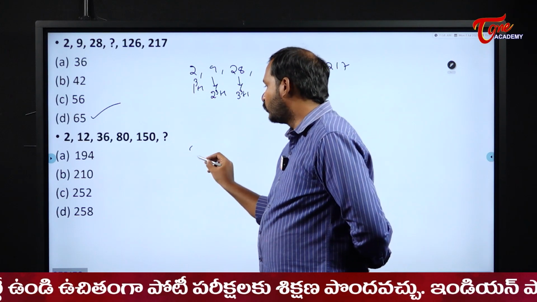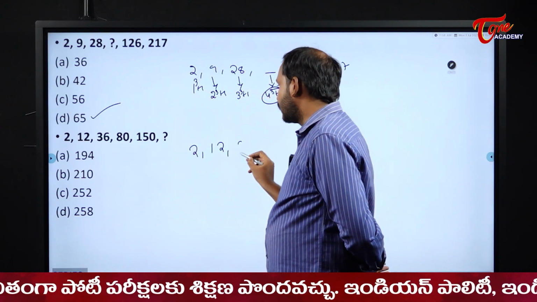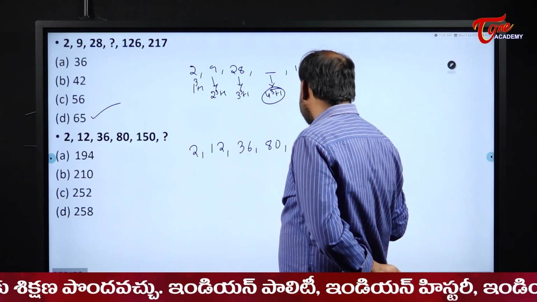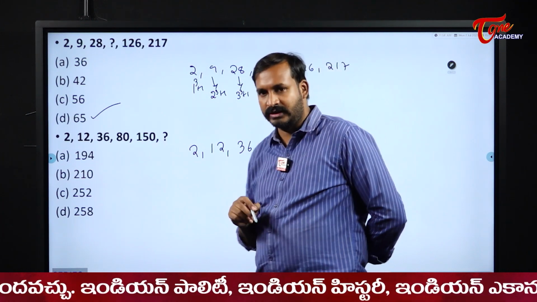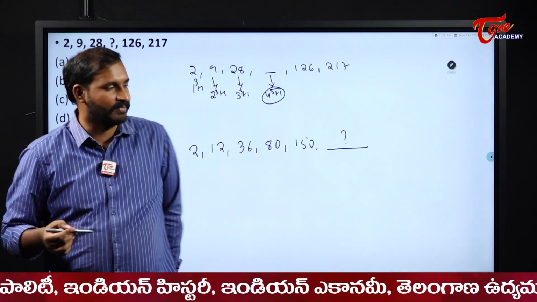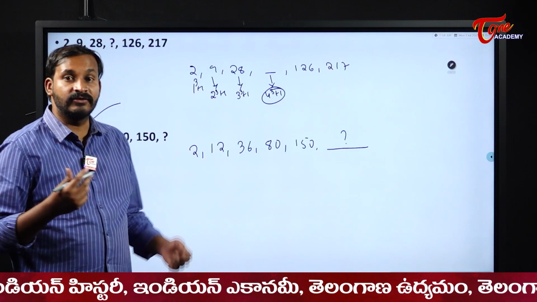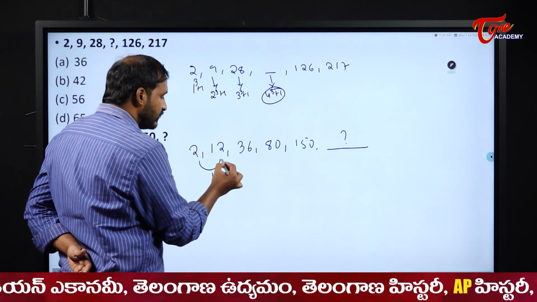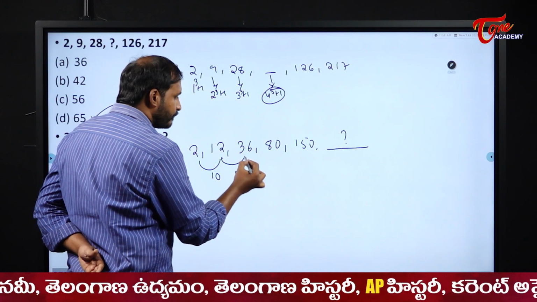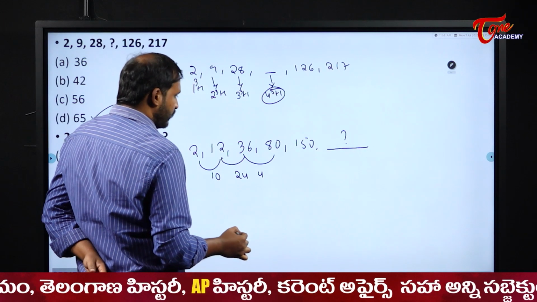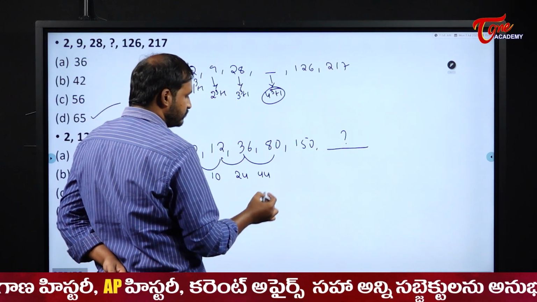Next see here, 2, 12, 36, 80, 150. I think we have already solved this one, but still we will try to do it in a little bit different manner. First I will try to do it with differences. When I try to do the difference, it is 10, next it is 24, next it is 44, right?